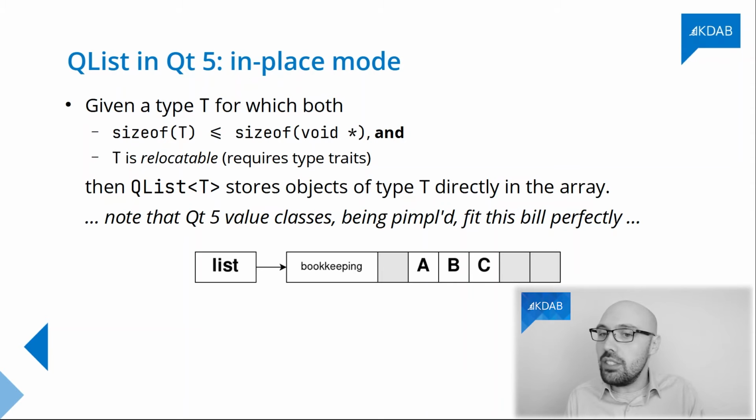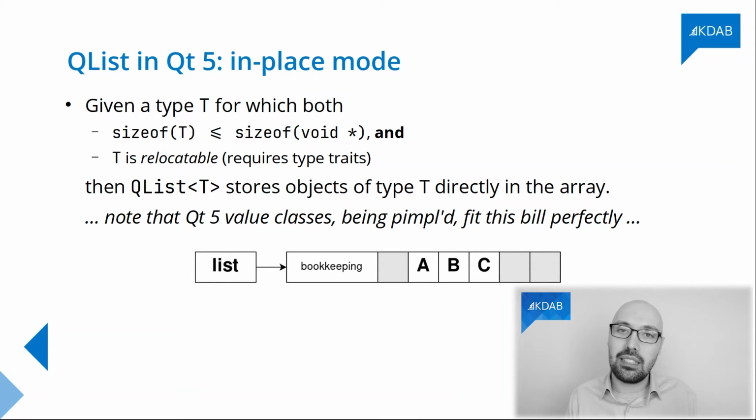An interesting note here is that if you consider the Qt5 value classes, what's the common characteristic of them? Well, we should know by now the Qt5 value classes are all implicitly shared. Also our Qt6 value classes, but there is a difference there. What does this mean? It means that value classes in Qt5 have the same size of a pointer, because that's all they are.